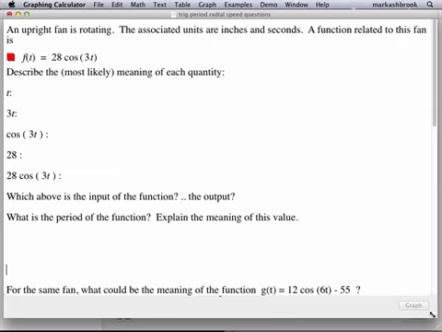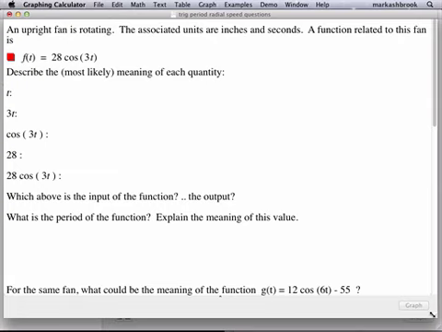You should be able to know what all those quantities mean. Talk it out with somebody.